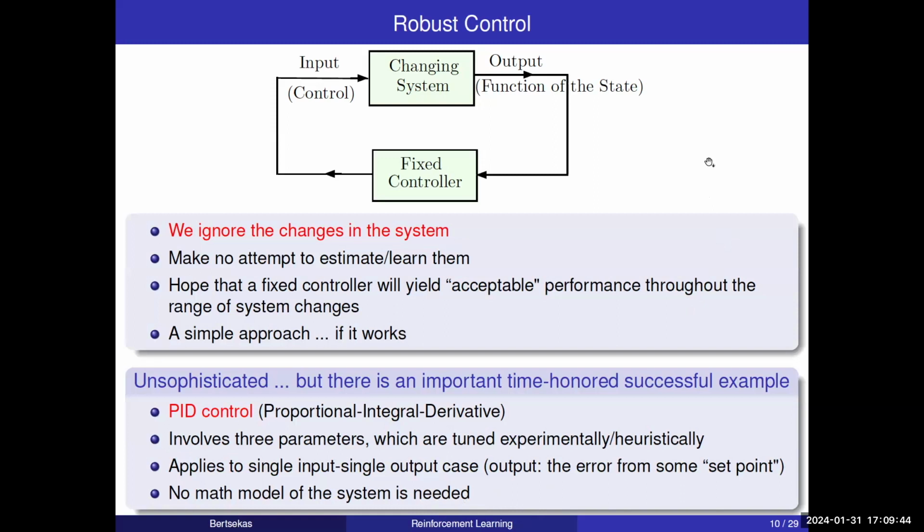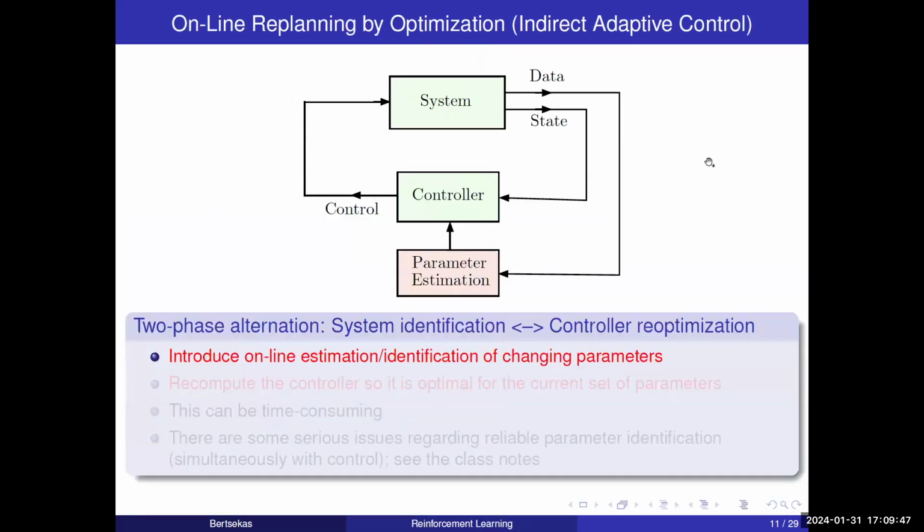Okay, so I'm going into the second type of methodology for adaptive control. It's called indirect adaptive control. Here, essentially, we have an alternation of two phases: a system identification, where we estimate the parameters of the system, and then in the second phase, we re-optimize the controller.